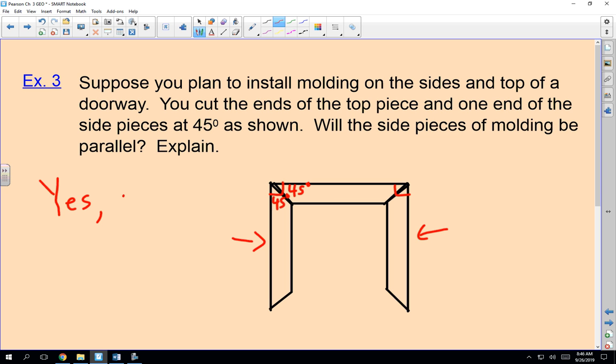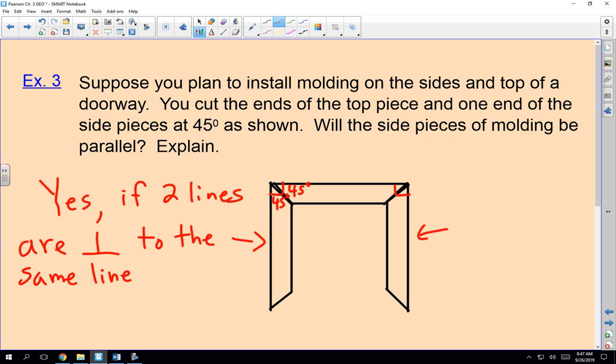Yes, if two lines are, do you guys know what the symbol is for perpendicular? Yeah, it's an upside down T. So there it is. We should just use that rather than write it out. We're in math. If two lines are perpendicular to the same line, comma.